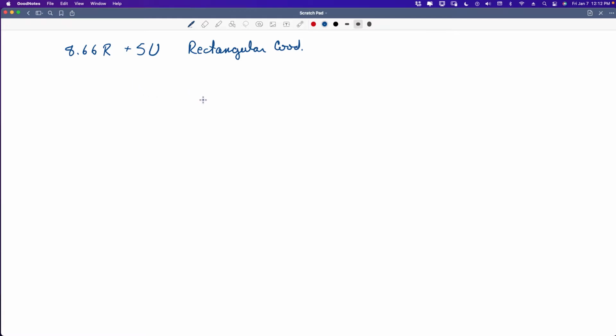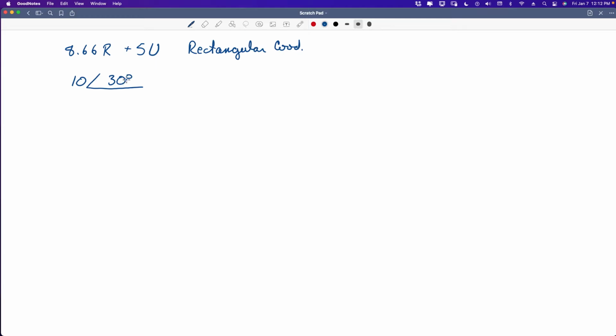Well, polar coordinates you can write two ways, and we learned that in lesson 72. We learned that we could transfer that into a polar coordinate, and you would get the length of your hypotenuse and then your degree of measure.